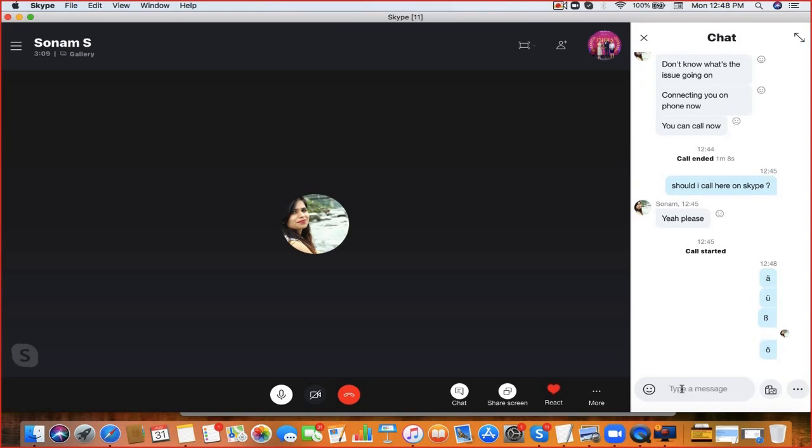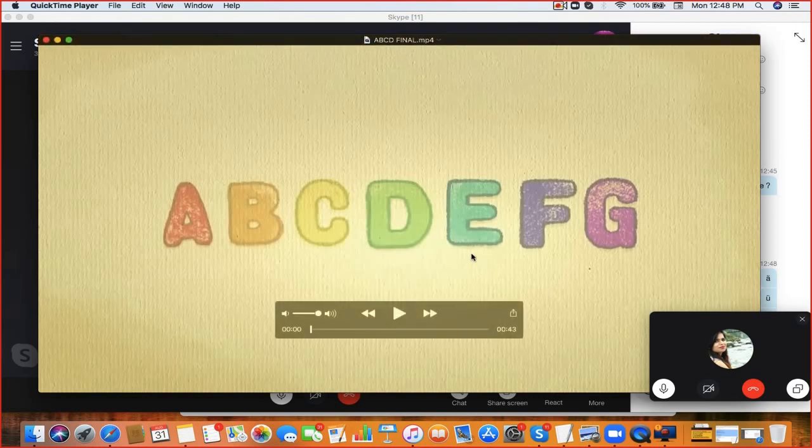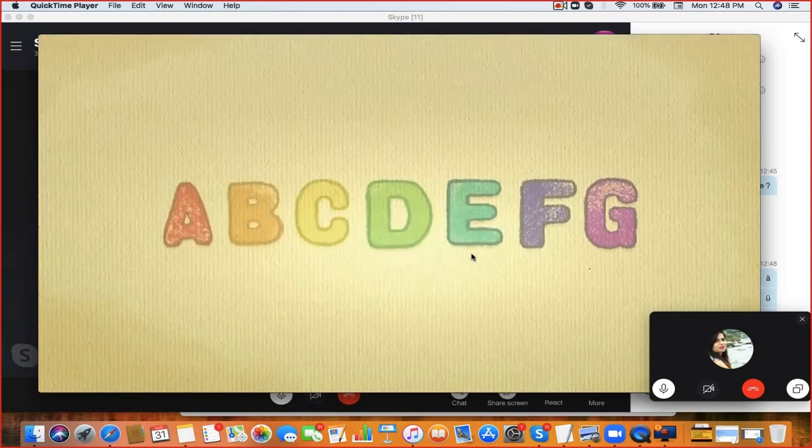Now we'll be starting with this ABCD song. These are the names of the letters. Just like in English you have an ABCD song, A B C D E F G H, similarly we have a song in German, comprising the German letters. They will speak the German names of the letters.